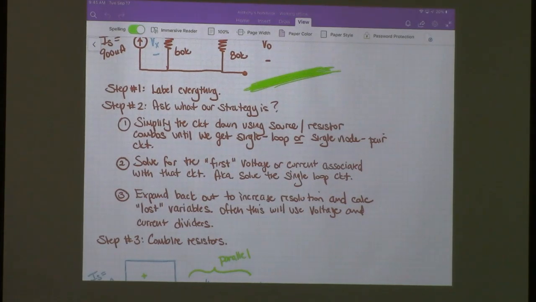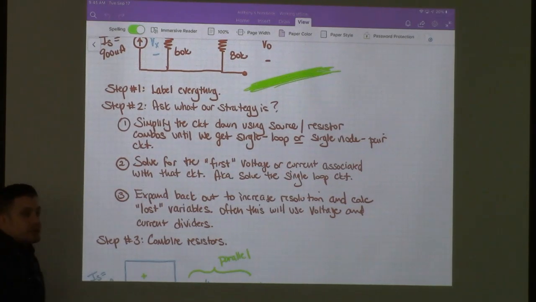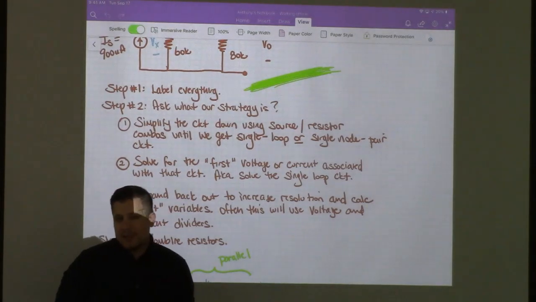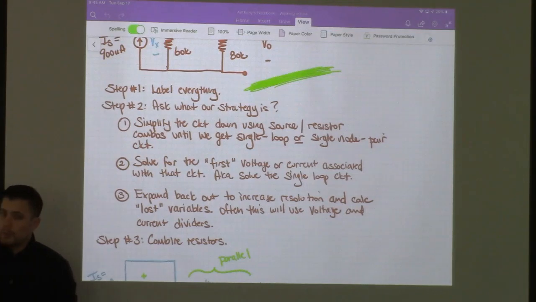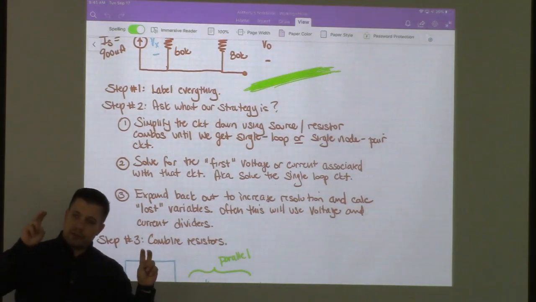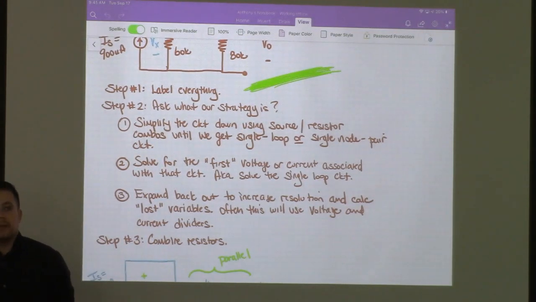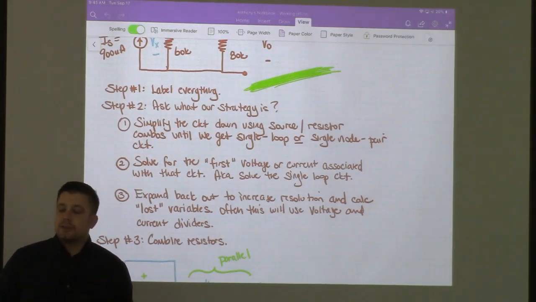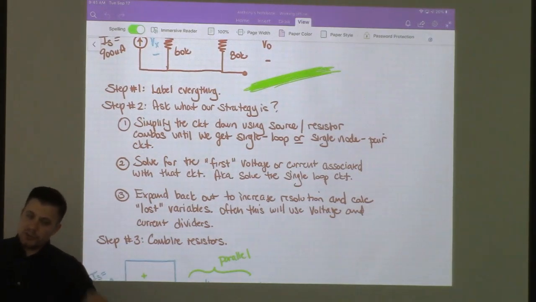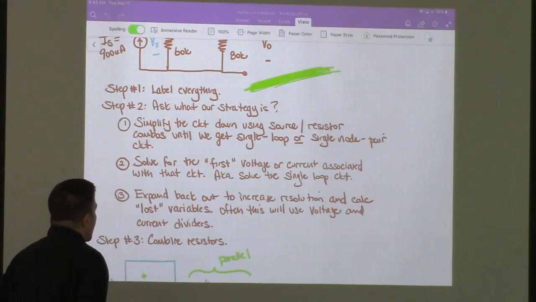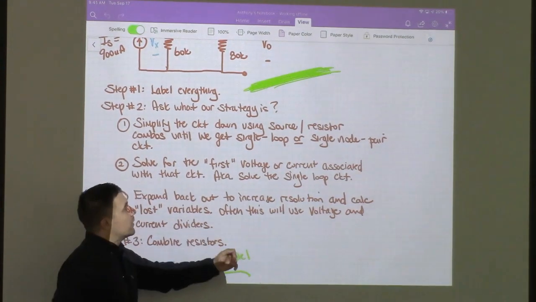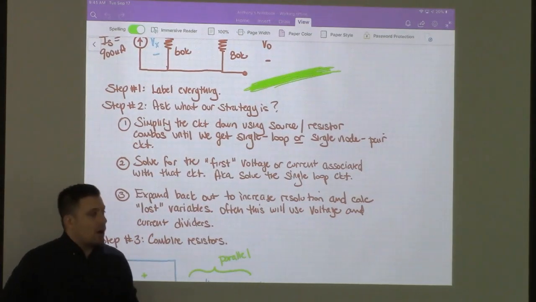We are going to solve for that first voltage or first current, and I use that word loosely. What I mean is that once we get to a single loop, we can call it the first current or the fundamental current. And if it was a single node pair, that would be sort of like the first voltage, or whatever word you want to use. Once we solve that, we have to expand back out to increase resolution and get our values back.